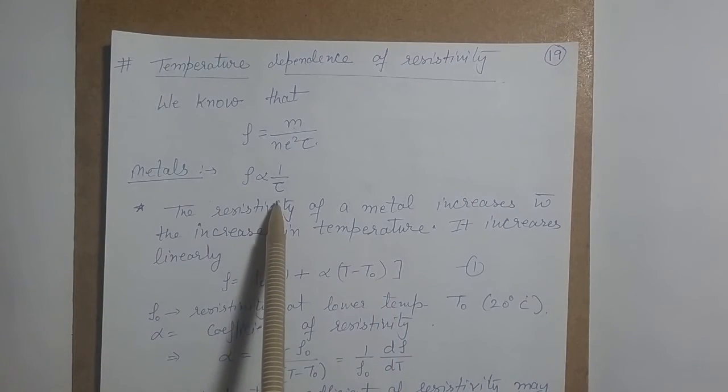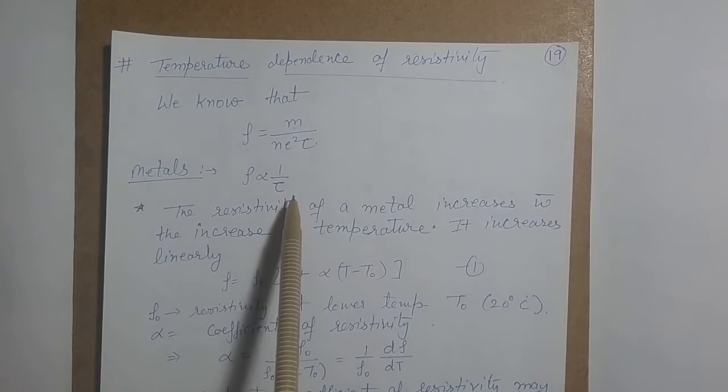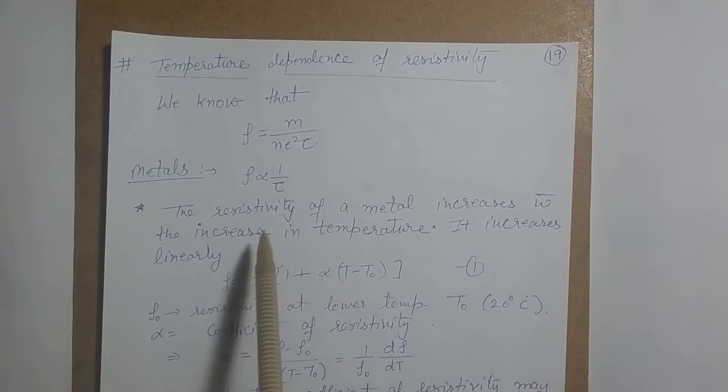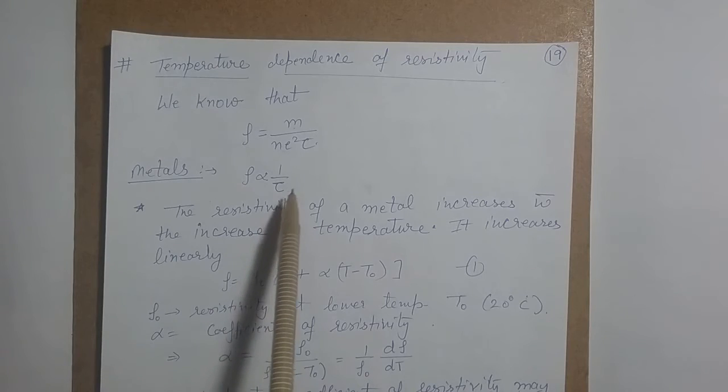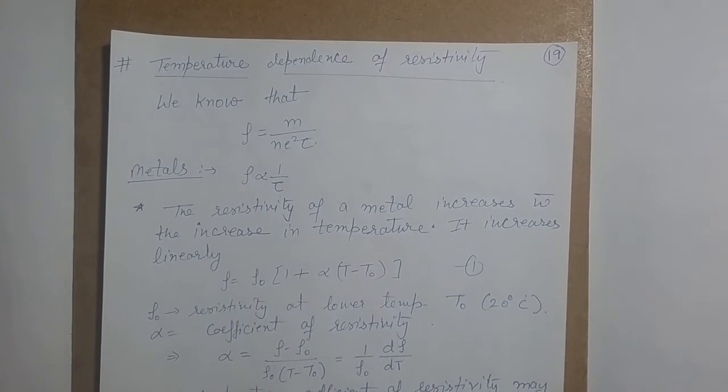When we increase the temperature, the successive collisions between the particles increase after gaining the energy, and with that increasing collision, the relaxation time for the charge carriers reduces. Hence, the relaxation time reduces and the resistivity increases.